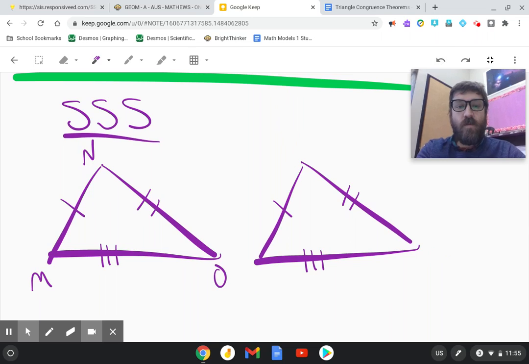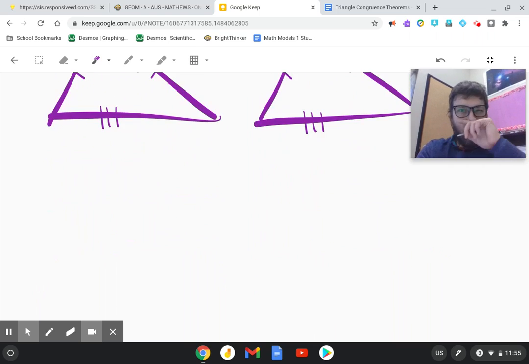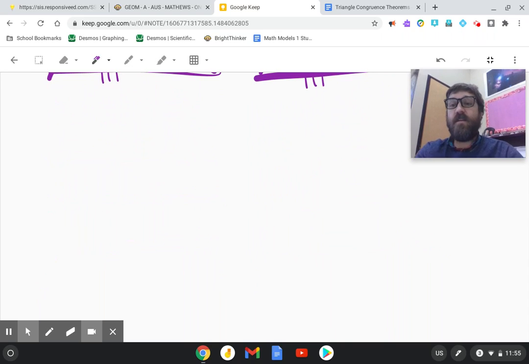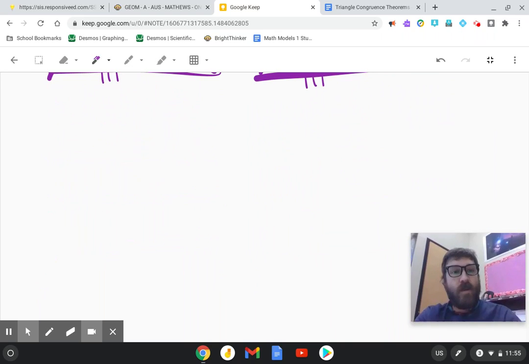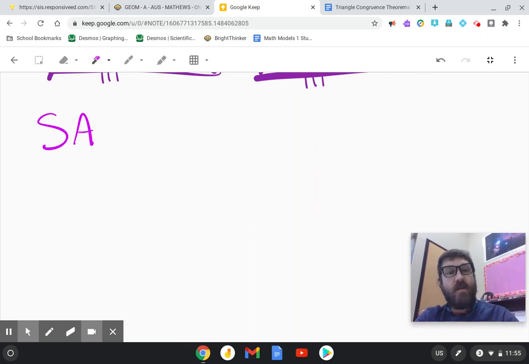So this is what we're going to be doing in this lesson, is saying, is there enough information? And if so, what is the theorem that we used to prove that those triangles are congruent? So side is one of the appropriate ways to do that. All right, next we have side, angle, side. And I'm going to say something very particular about this A being in the middle of that.